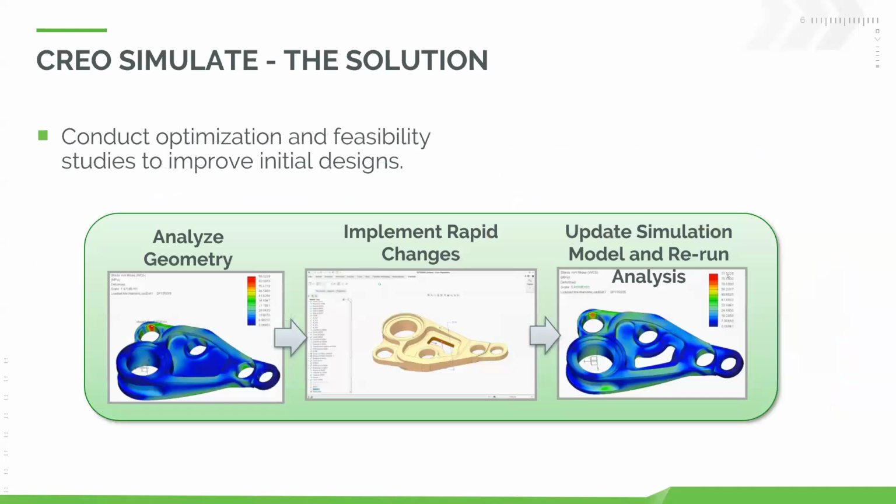As far as what it could do as well, back to that idea of we want to be able to optimize, we want to be able to iterate on the design as much as possible and get the most optimum part that we can. There's different tools inside of this that are not just running your normal FEA, but optimization and feasibility studies.